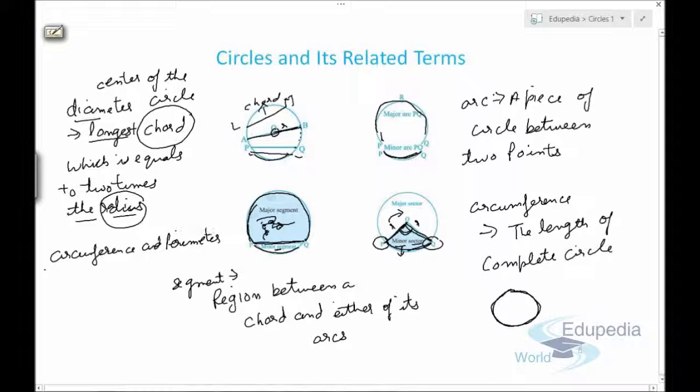So let's discuss this first. If we take a complete circle like this, the length of a complete circle is known as circumference, right? And perimeter is the length of a boundary. Again for the complete circle, I am repeating, for the complete circle the perimeter is the same as circumference, right?